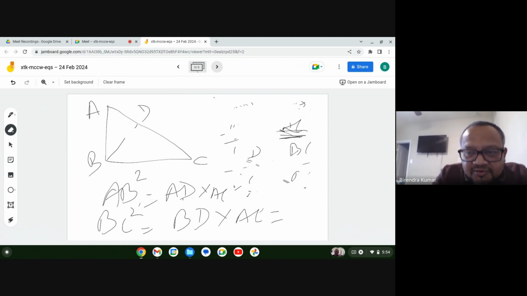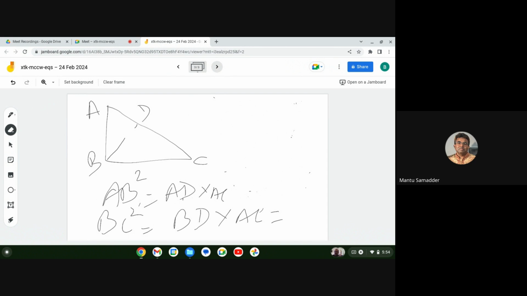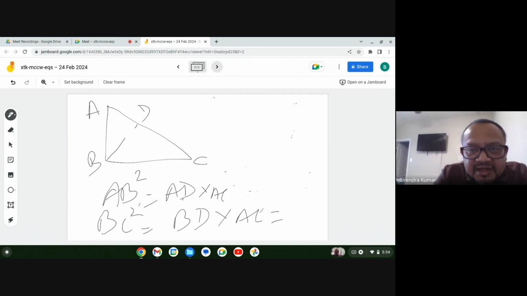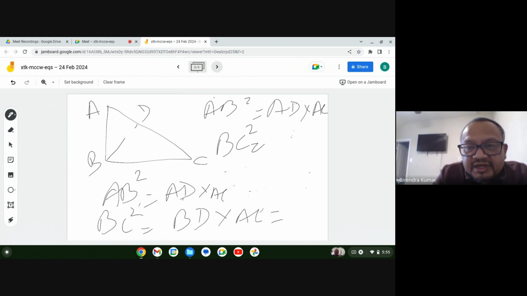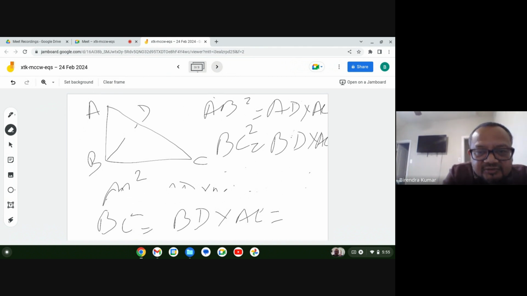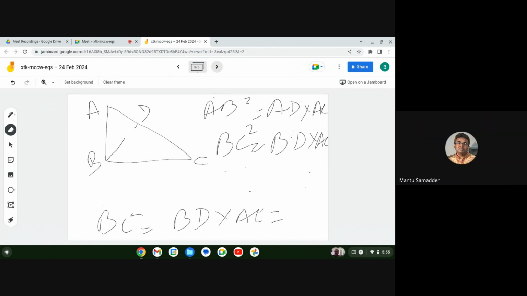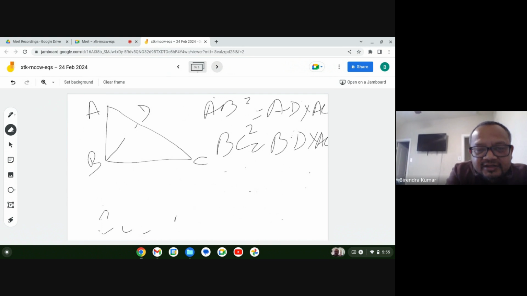I'm using this place to do some more calculation. So I have AB square equal to AD into AC, and BC square equal to BD into AC. I just wrote it above so that I can do the calculation underneath.